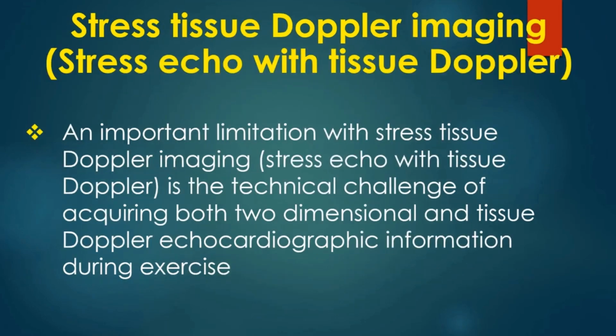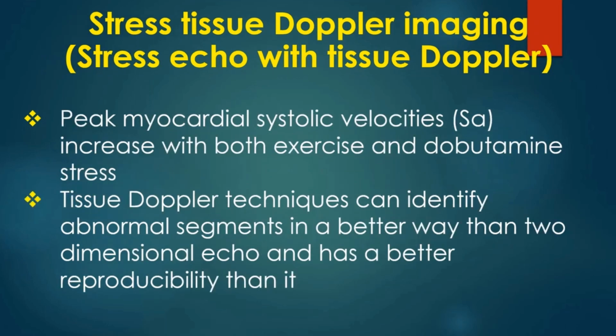Stress tissue Doppler imaging, or stress echo with tissue Doppler. An important limitation with stress tissue Doppler imaging is the technical challenge of acquiring both two-dimensional and tissue Doppler echocardiographic information during exercise. Peak myocardial systolic velocity SA increases with both exercise and dobutamine stress.